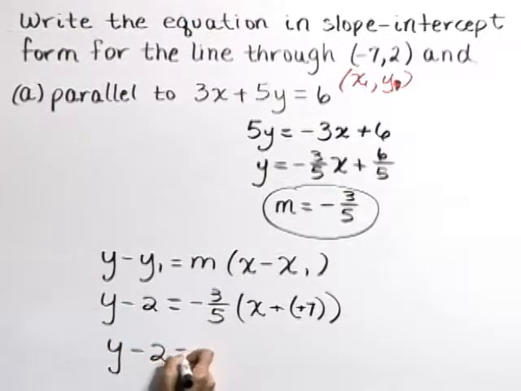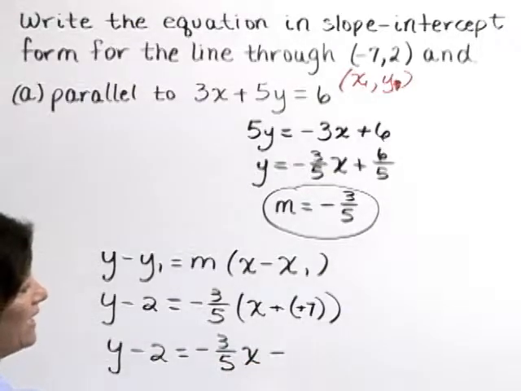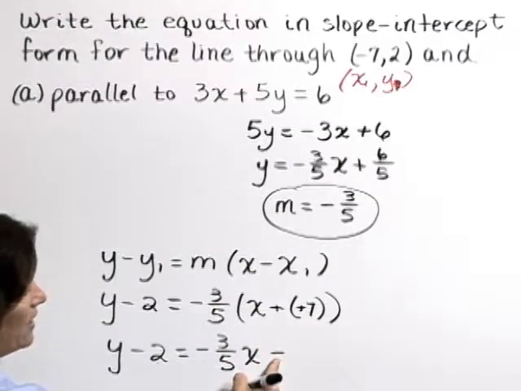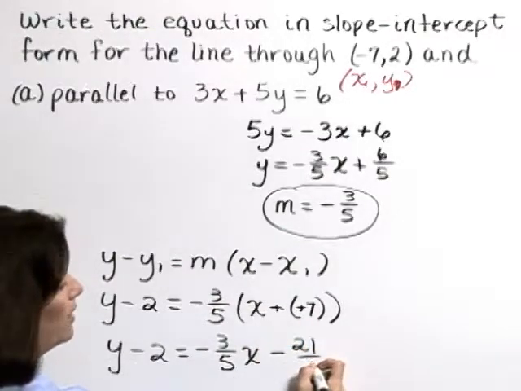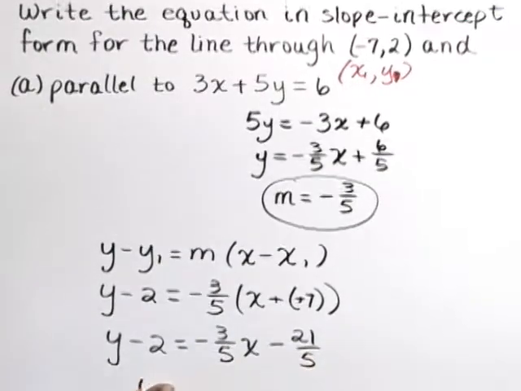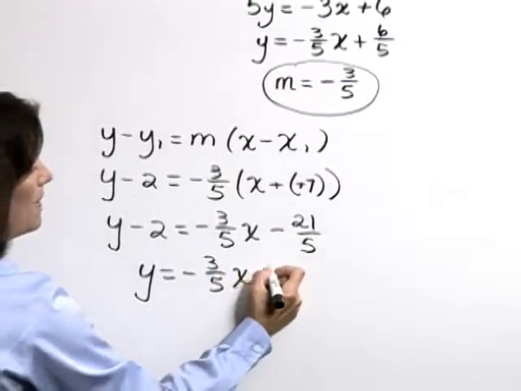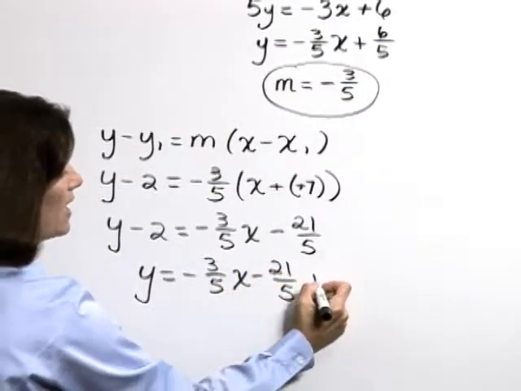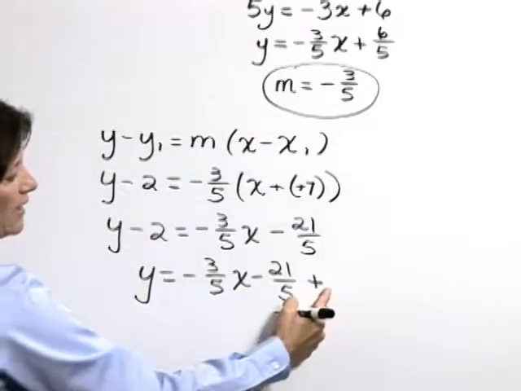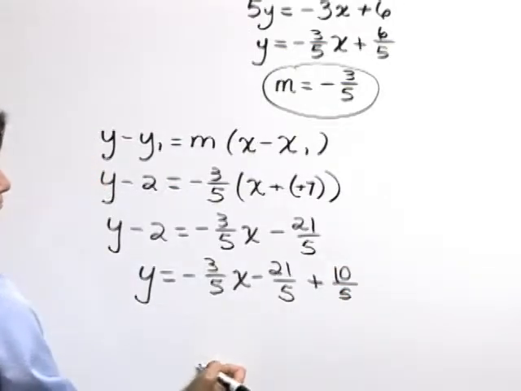Y minus 2 is equal to a negative 3/5 x minus a negative 3/5 times 7, which is a negative 21/5. Adding 2 to both sides, y is equal to a negative 3/5 x minus 21/5 plus, as we bring it over, I'm going to write that 2 with a denominator of 5 as 10/5.